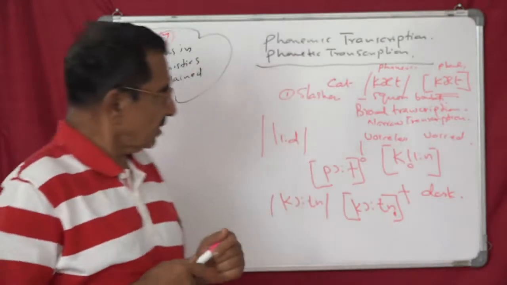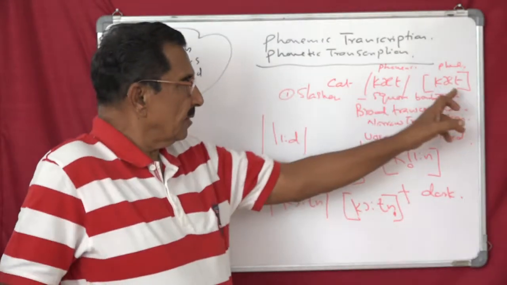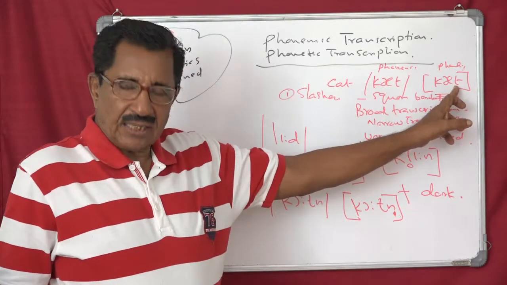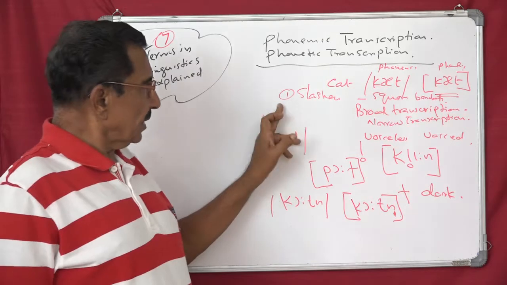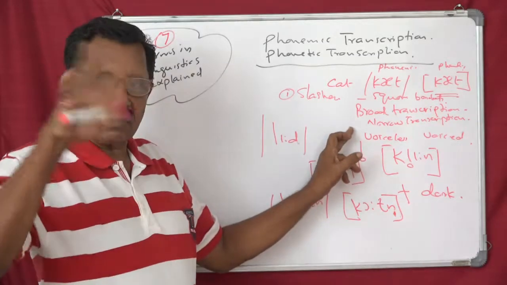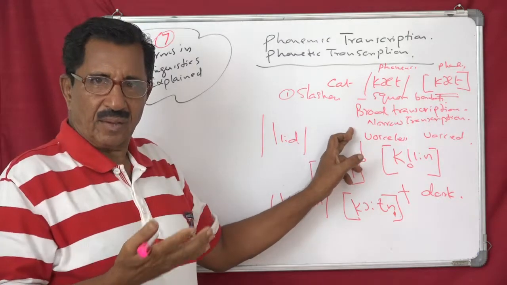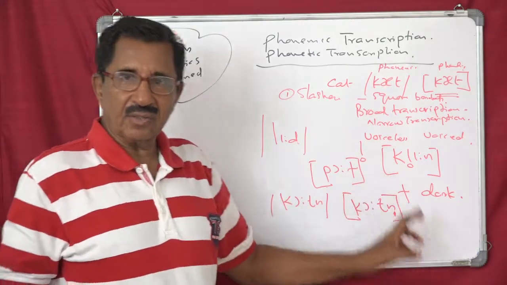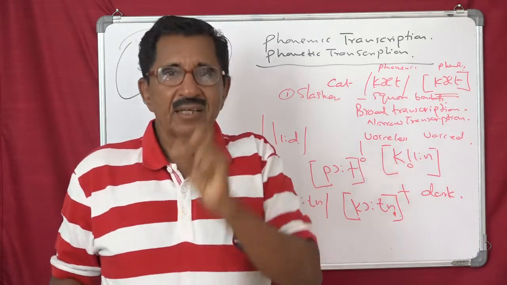See? So the first point to note is phonemic transcription is written within slashes, but phonetic transcription is written within square brackets. Second, phonemic transcription gives only the broad, general qualities of the sound, but phonetic transcription gives minute details about the sound.